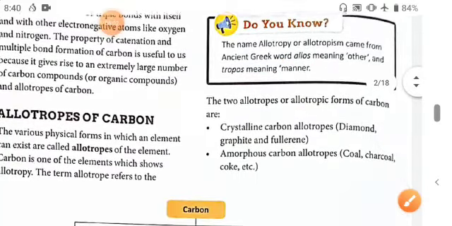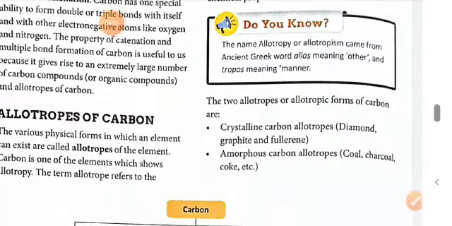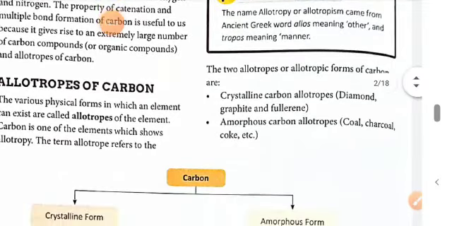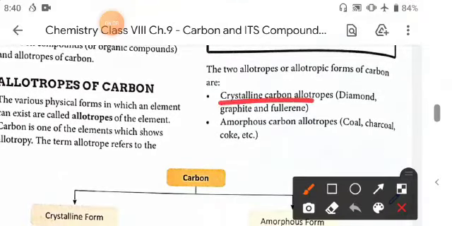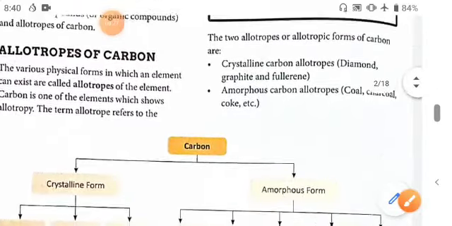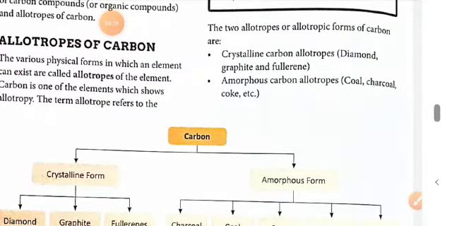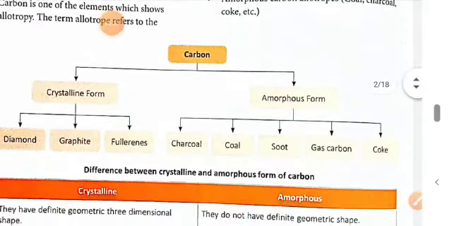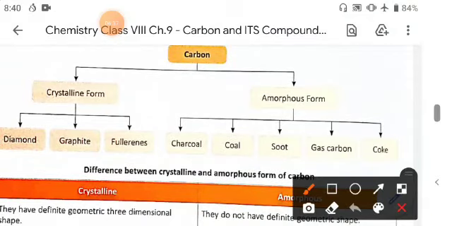Now the two allotropic forms of carbon are crystalline and amorphous. Crystalline carbon allotropes are diamond, graphite and fullerene, and amorphous carbon allotropes are coal, charcoal, coke, etc. Here a chart is shown.